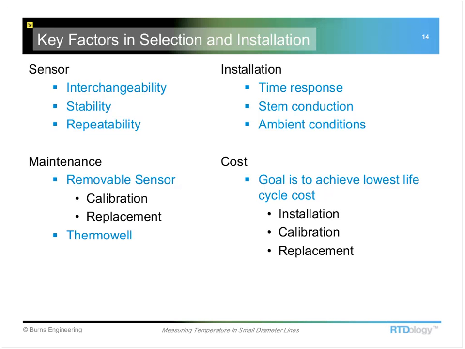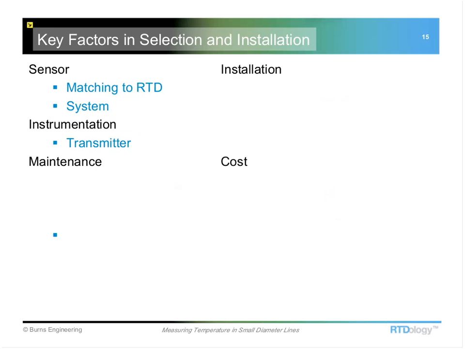And you need to minimize the calibration cycles, how often the probe is replaced due to failure or might be just on a regular maintenance cycle. But all those things come into play in that accounting equation to make sure you achieve the lowest life cycle cost.